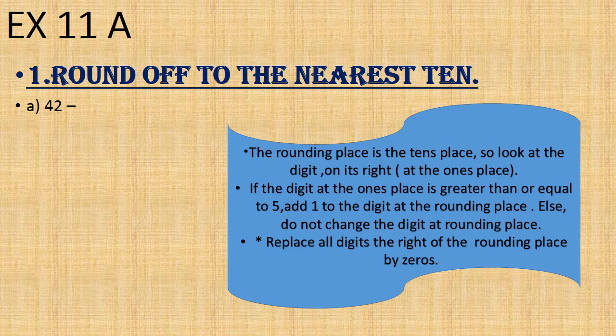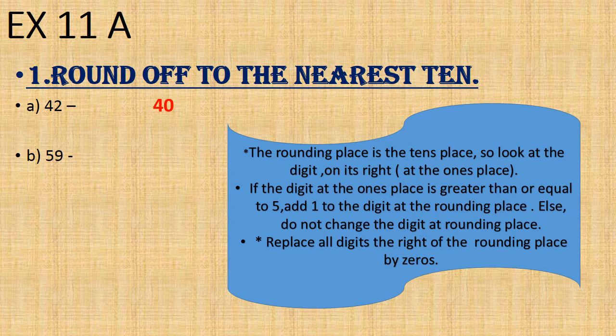As 2 is less than 5, we will not make any change in the tens place. So 4 will remain 4 in tens place. Our answer will be 40, and we all know that we have to put a 0 in the ones place.